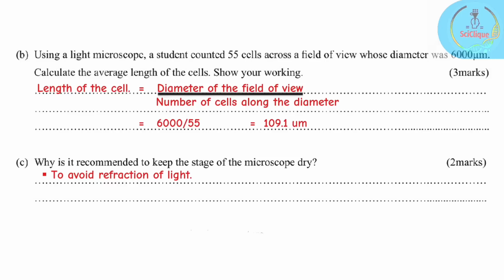So this is the reason why the stage needs to be dry. Now, the second reason is you don't want to wet the slide. Why? Because if you do so, it can cause certain parts of the microscope to become wet, to be exposed to moisture, which can ultimately lead to corrosion.